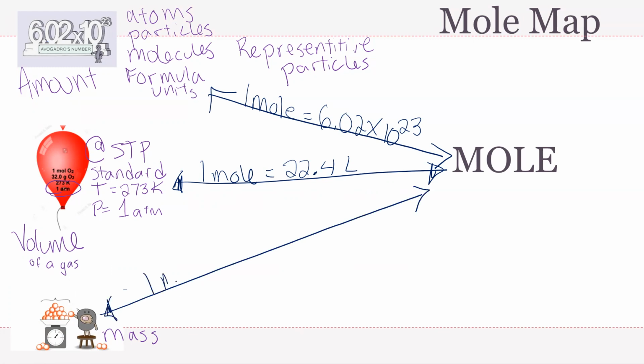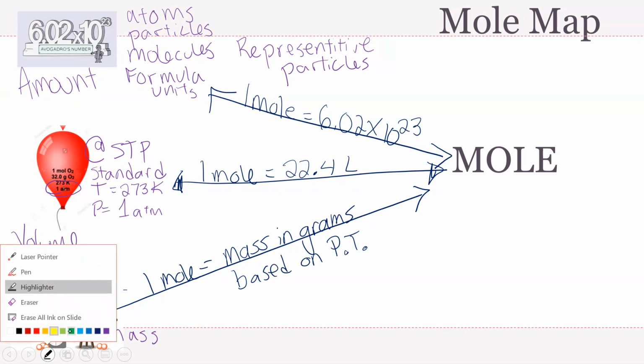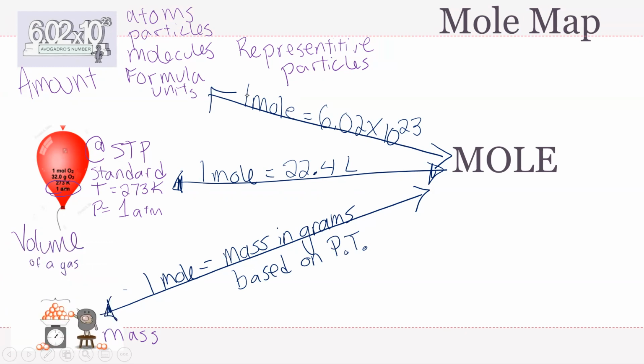So 1 mole is going to equal molar mass, or mass in grams, based on the periodic table. Now, if you notice, this is going to be the only one that does not have a constant.